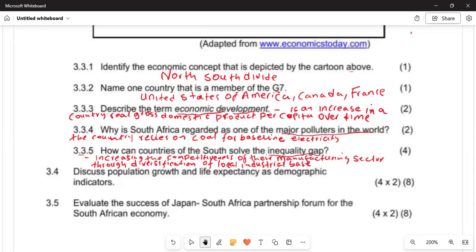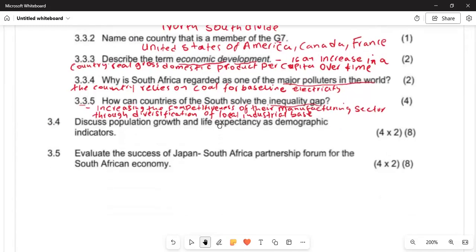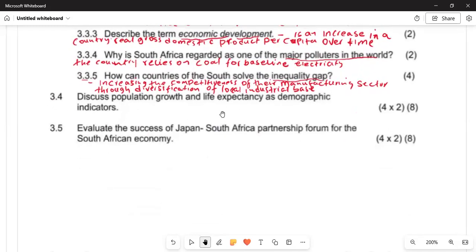So 3.4, discuss population growth and life expectancy as demographic indicators. We are to discuss population growth and life expectancy as demographic indicators.